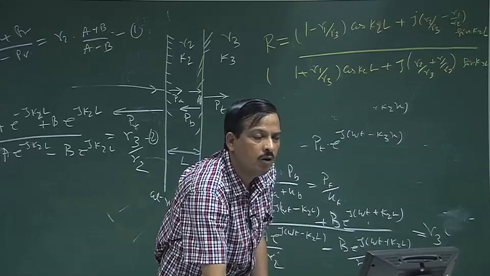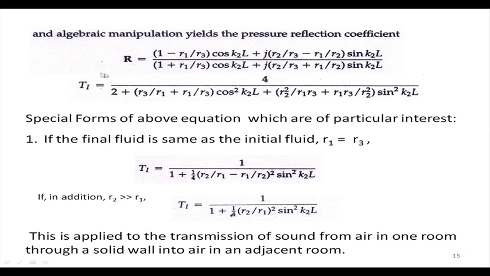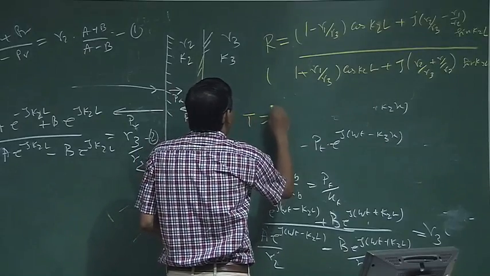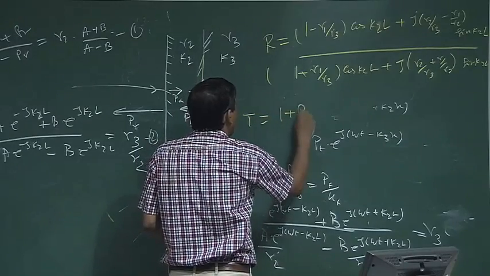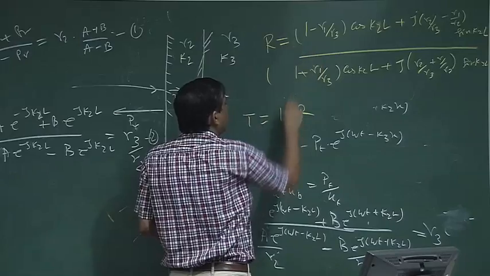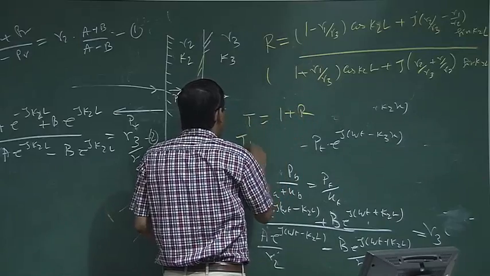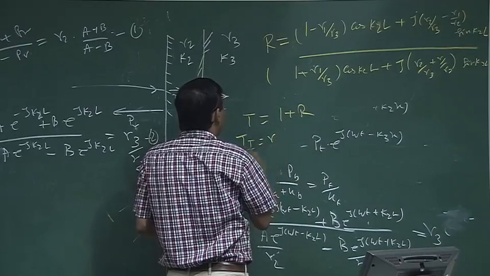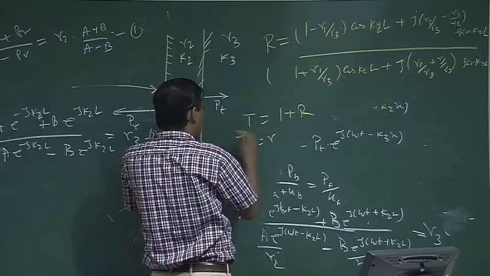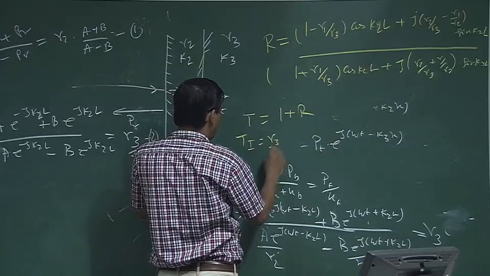If you see this, I get the R expression, and from the R expression I can get the transmitted coefficient expression. What is T? T is nothing but 1 plus R. So, I can get T from 1 plus R, and Ti is nothing but R3 by R2 into that.